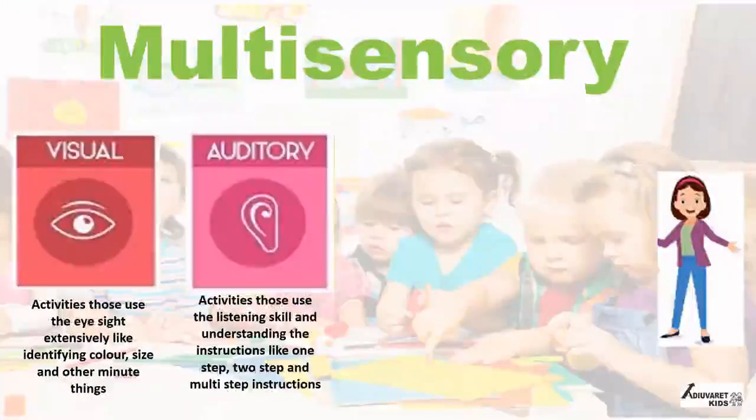Now, the second component of the multisensory learning technique is the auditory technique, or improving the auditory sense of the child. And here what we do is create activities where listening skills will be extensively used. So it could be the sound of any letter, the sound of various animals, the sound of various vehicles. When the child listens to them, the child internalizes those things in a very, very effective manner.